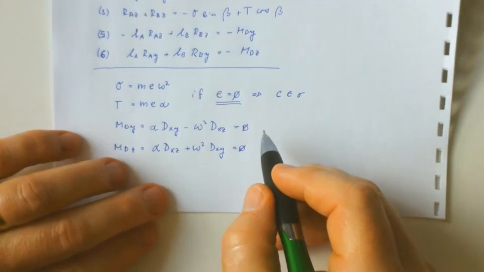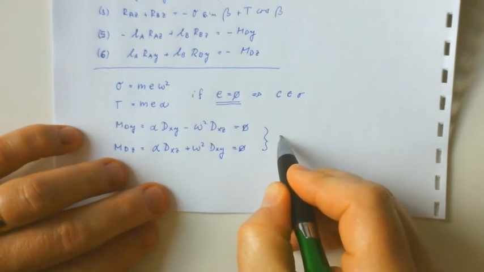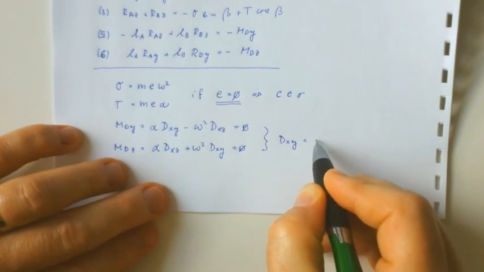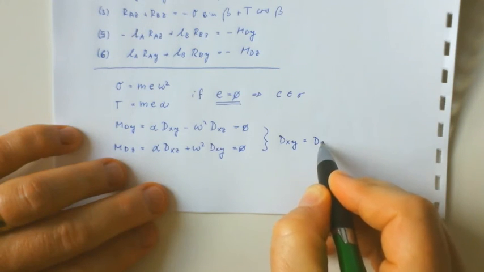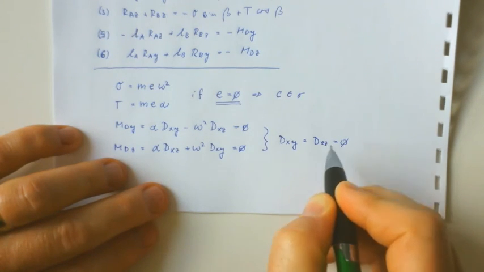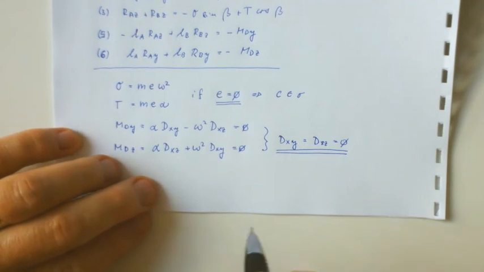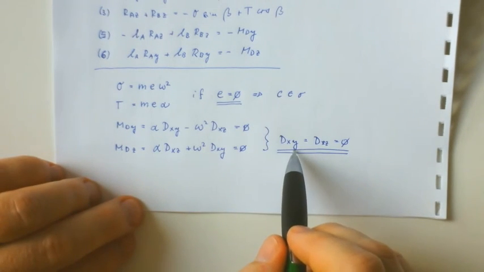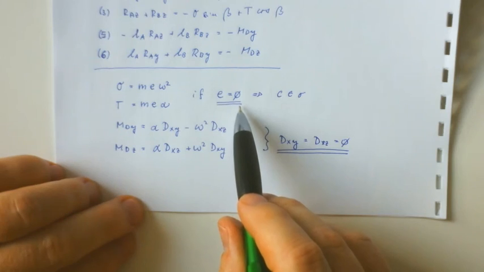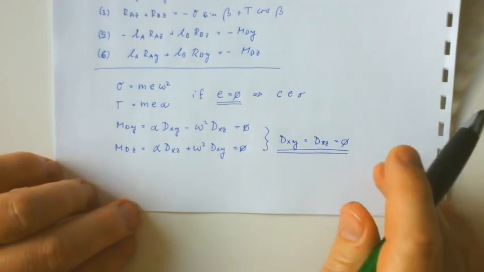So from this follows that Dxy should be equal to Dxz, and it should be equal to 0. So these are two important conditions of balancing.